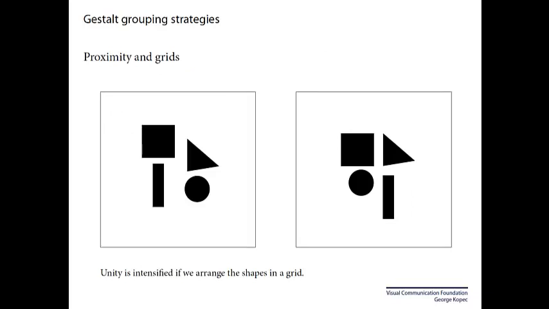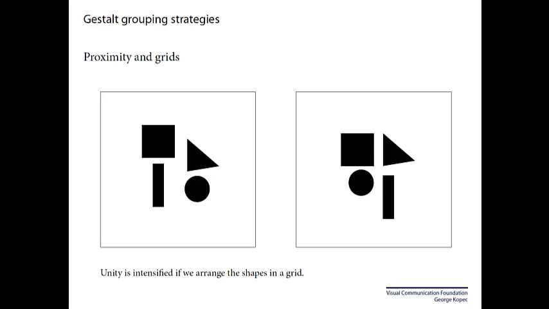Before we move off of proximity, if we put things in a grid, on the left is the composition we just saw on the previous slide. On the right, I put those 4 objects lined up into a grid system, and you can see the unification of it intensifies. So the composition on the right looks very, very unified.